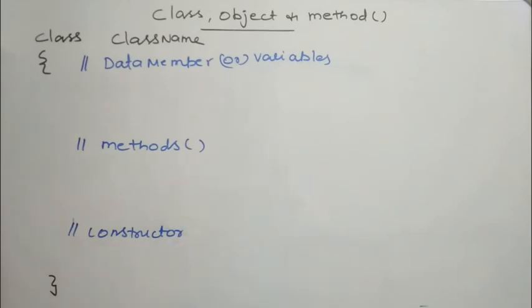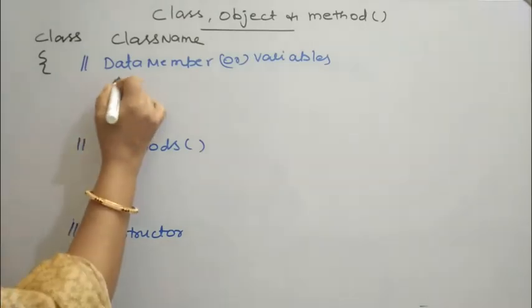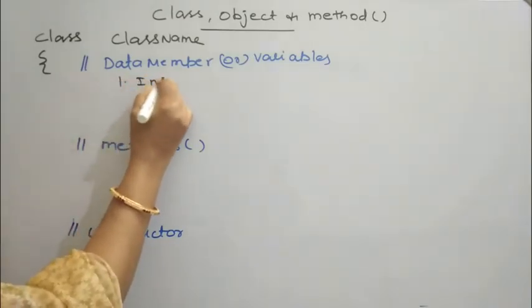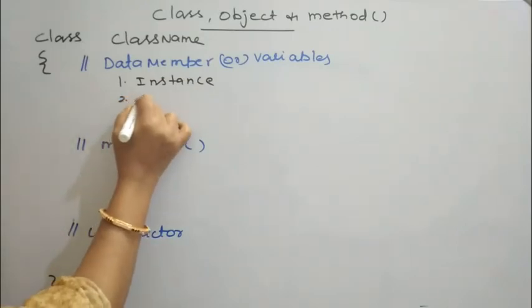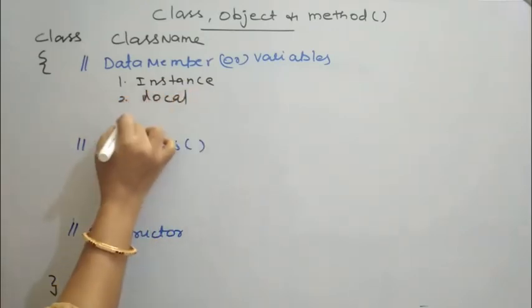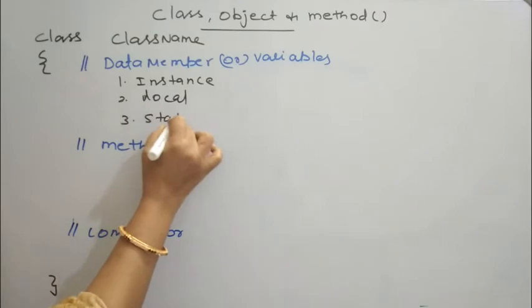Most importantly, a class definition contains data members, methods and constructor. Data members represent the properties, methods represent the functionality. Now we will discuss the different types of variables or data members. We have instance variable, local variable and static variable.